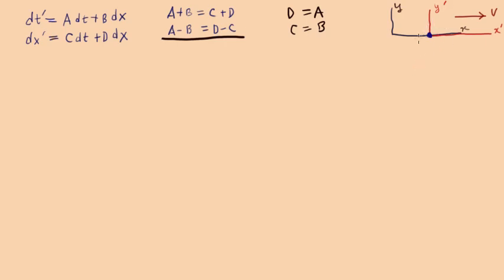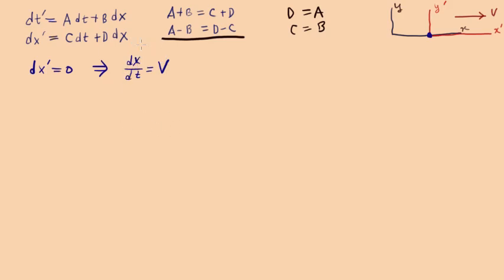By definition, that point must be moving at velocity v when it's observed from the unprimed reference frame here, because, well, we said that this reference frame is moving at velocity v with respect to the unprimed coordinate system. So what we mean by that is that if dx prime is 0, it's a fixed point in the primed coordinate system, it must be that dx/dt is v, because that's the specification here.